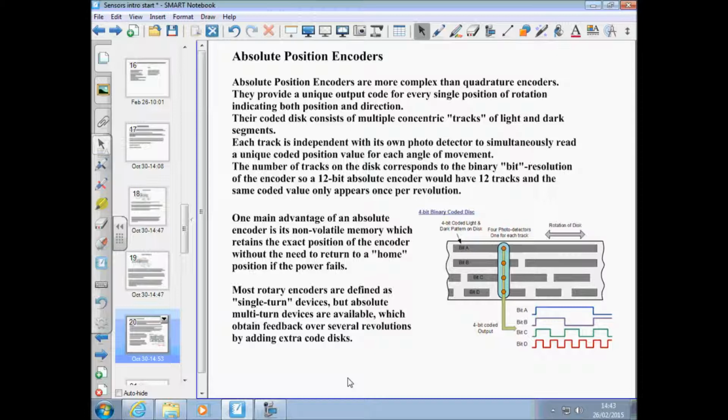Yeah, but the thing about it is, if that thing stops, it loses power. As soon as that's turned back on, because that's a unique code, it knows exactly where it is. It doesn't need to return to a home position. Okay. So you only get the same code once in each revolution of the disk.